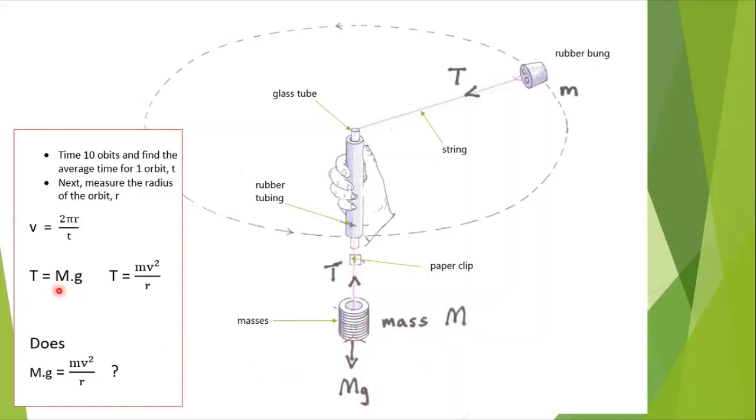So T also equals big M times g. And the question here is, does big M times g equal mv squared over r? Does the left-hand side of the equation equal, or within the limits of experimental uncertainty, almost equal, mv squared over r? And it's an interesting experiment to try that.